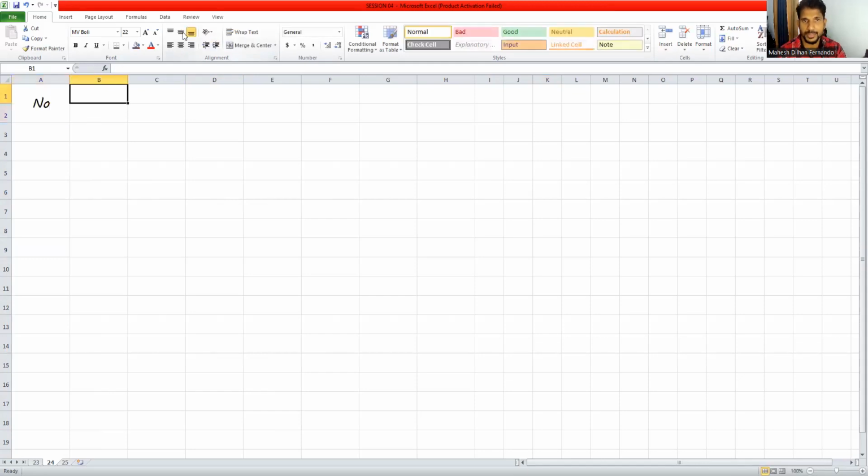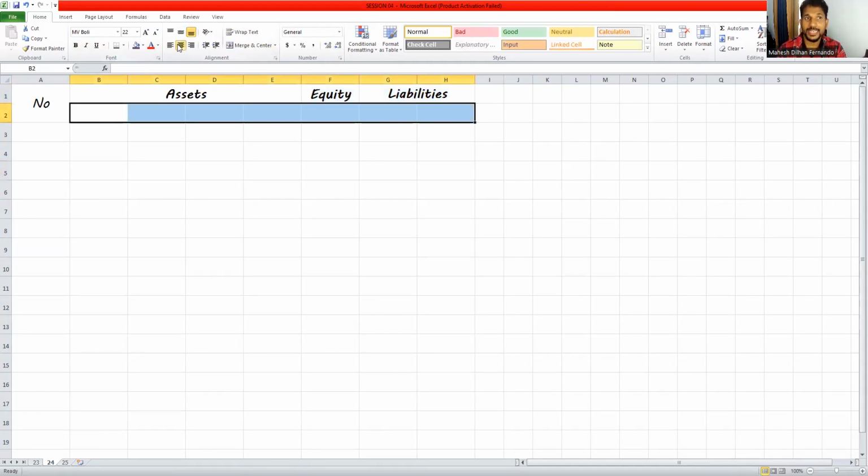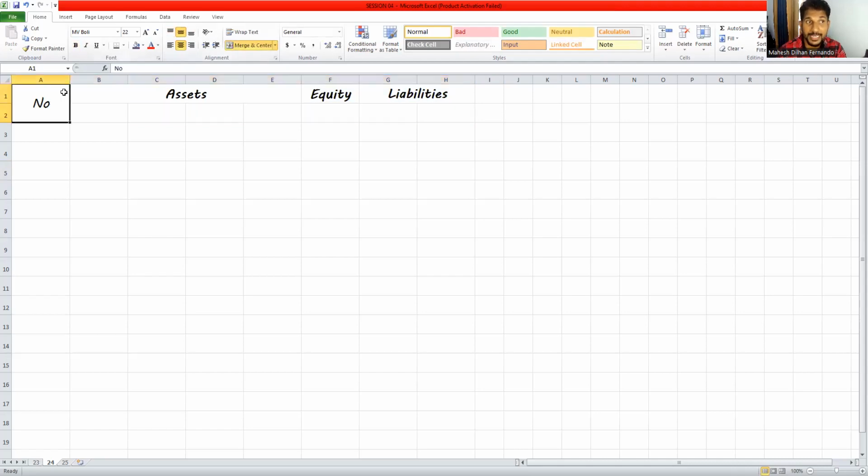I'm going to record the 4 assets first. Assets. Then equity. After that, 2 liabilities. The format is given to you once again. Don't get deceived. In the term test, you will never get the format given. But in order to save time in the class, I'm going to do that.